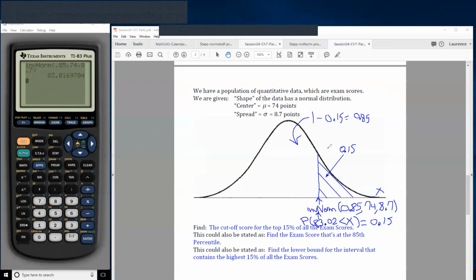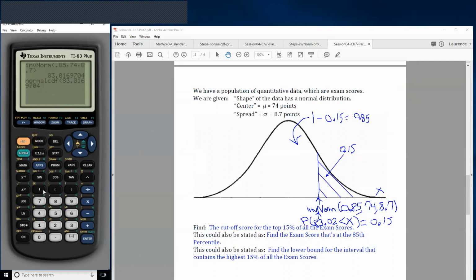Now, let's go ahead. Oh, yes, and let's do this. Well, if this is true, I should be able to give this interval to normal CDF, and it should give me this answer. Why? I think because we're just learning this, it wouldn't hurt us at all to reinforce this. I'm going to press second, vars 2. And let's see, the lower bound is this 83. And I'm just going to look right above and enter that in with all its accuracy. 0169, 704.